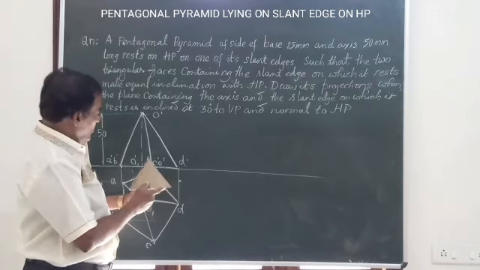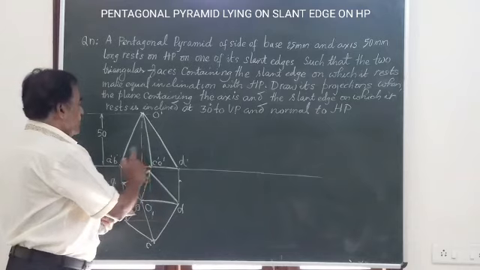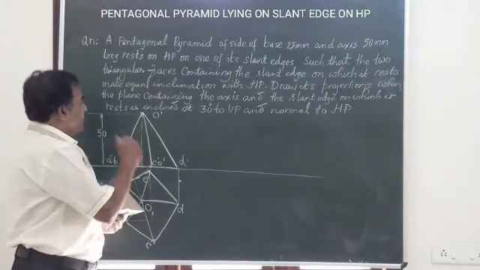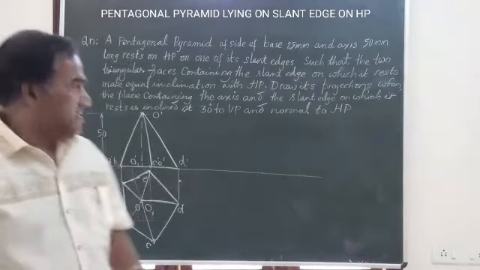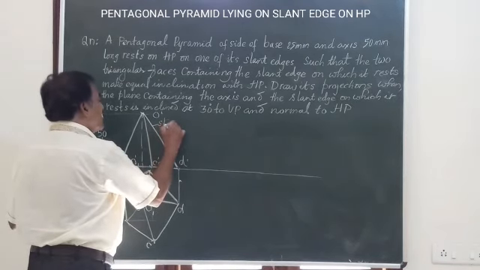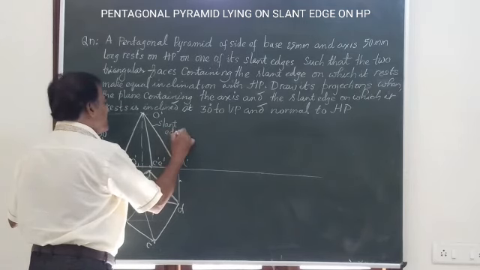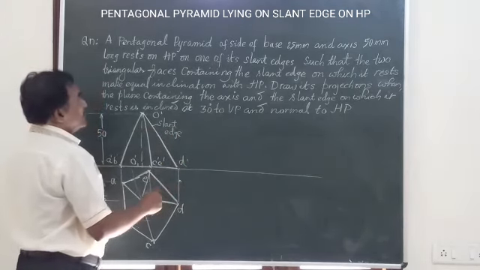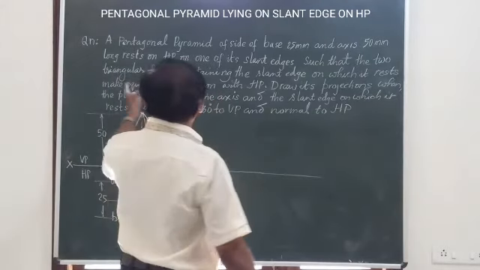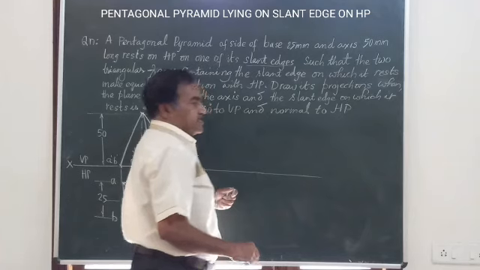So in the front view, you should be able to see this triangle and this triangle, two triangles you can see here. Now O dash D dash represents one of the slant edges. I will mark it as one slant edge which is inclined to HP. But it has to rest on one of the slant edges on HP.